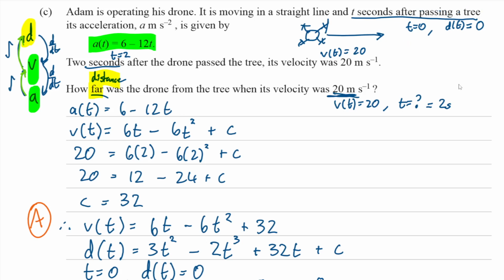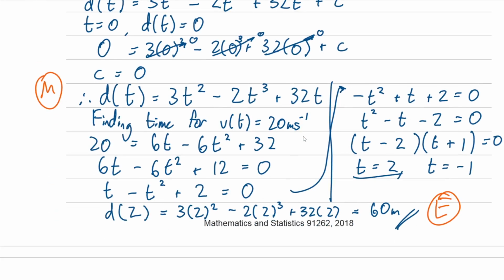That was a bit sneaky. We then realized, okay, we're looking for the distance, but we're only given speed. So we used that speed to find the time, so that we could use the time in our distance equation to get 60 meters. And that was the excellence component.